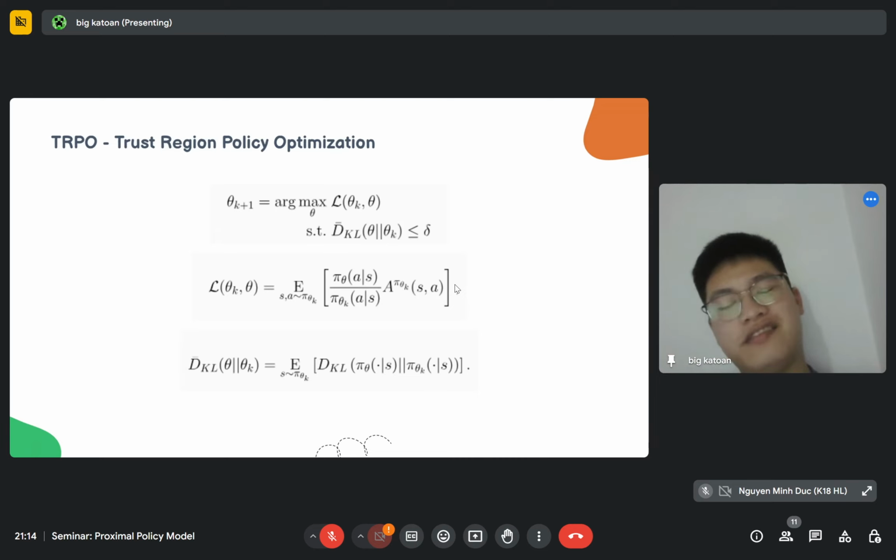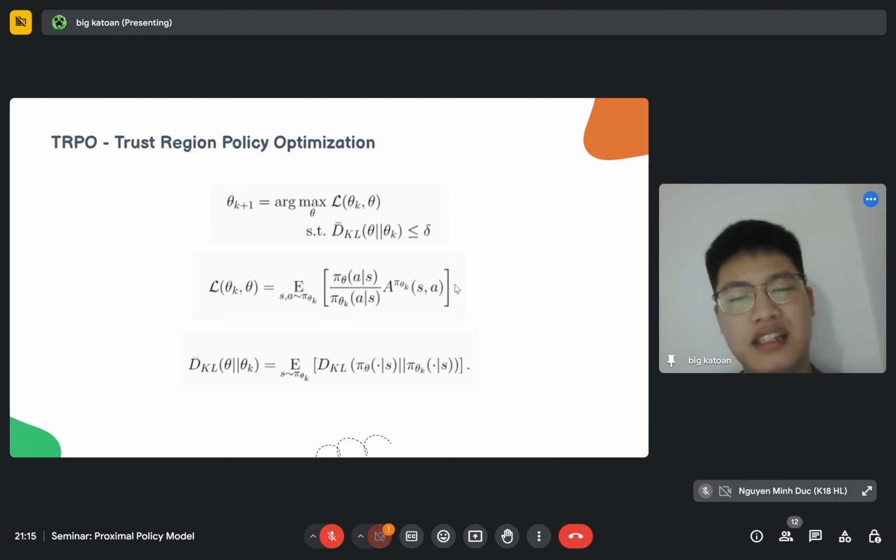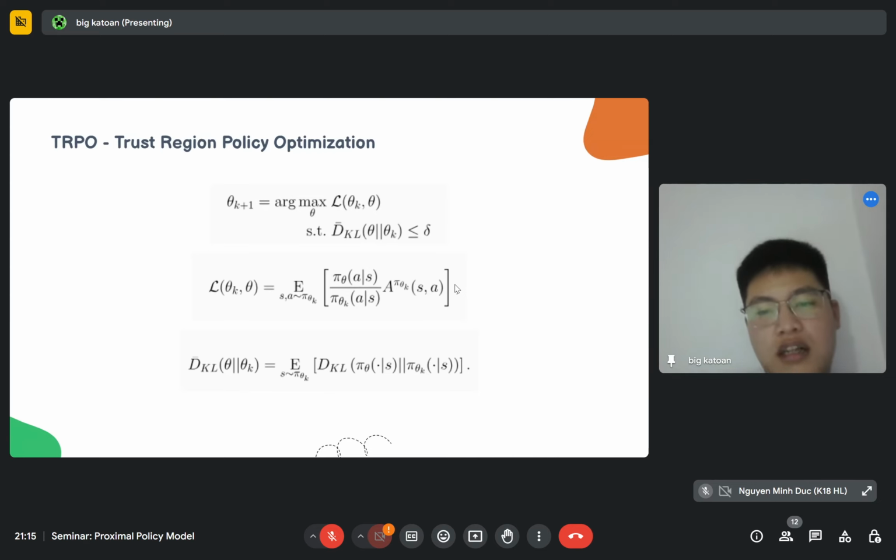Below the argmax is the model parameter, and it has a Lagrange constraint: D_KL of theta and theta k needs to be smaller than or equal to sigma. Sigma is a parameter that we define.